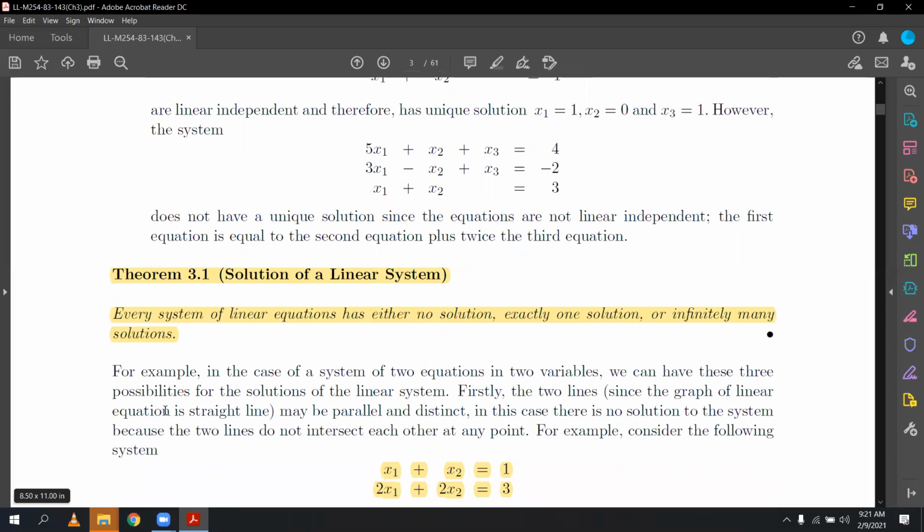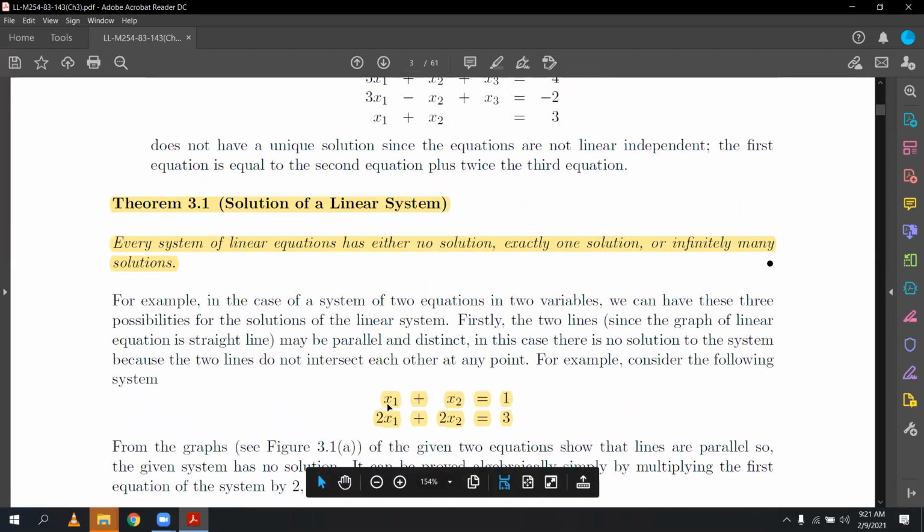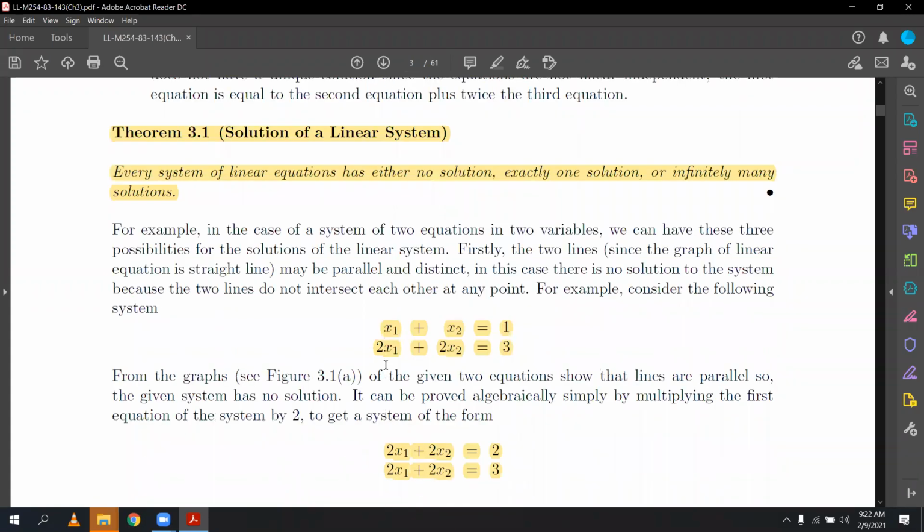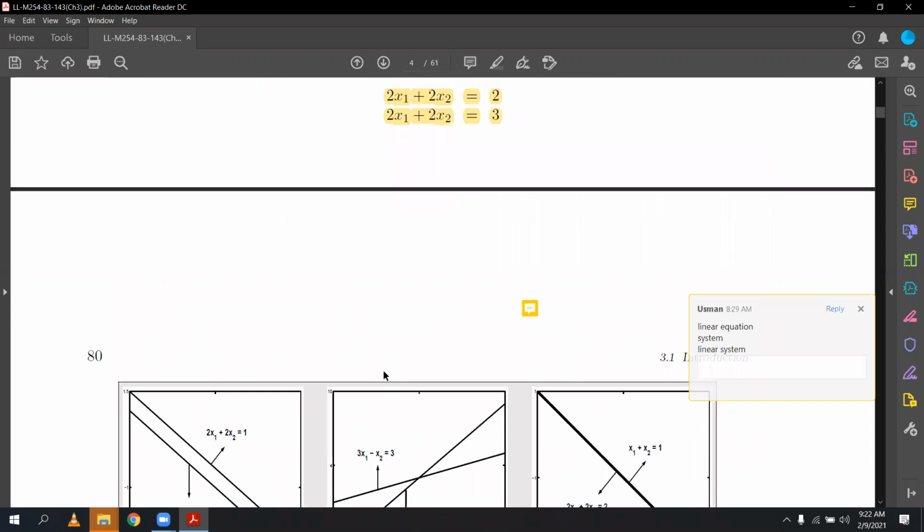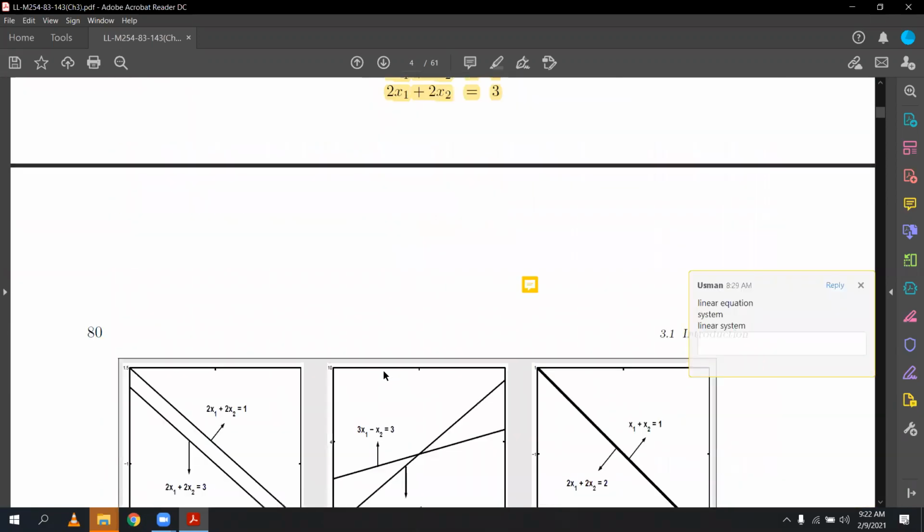Now I give you an example. This is the simplest simultaneous system, 2 by 2. We know the graph of a linear equation is a straight line. When you graph this system, you have this shape, right?